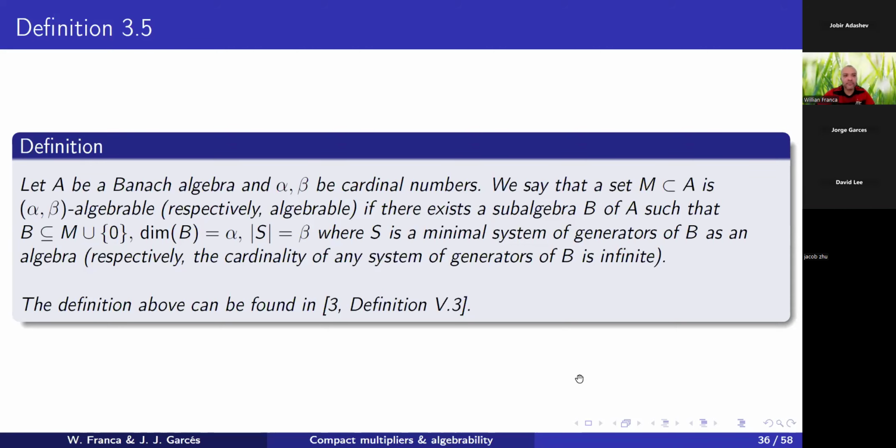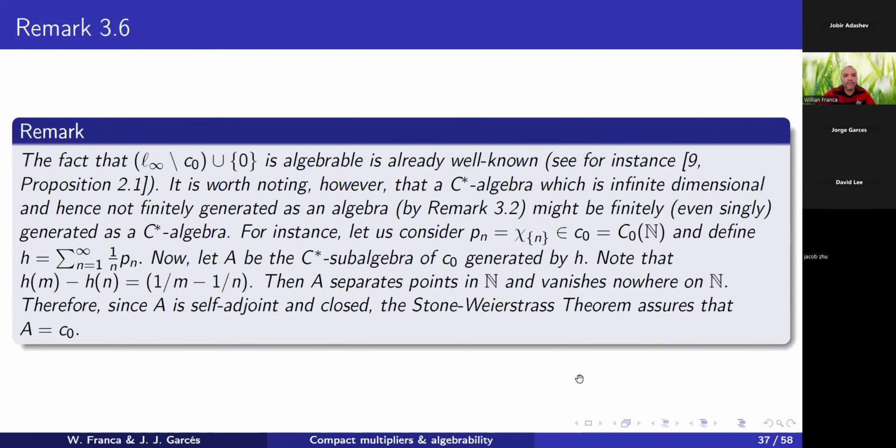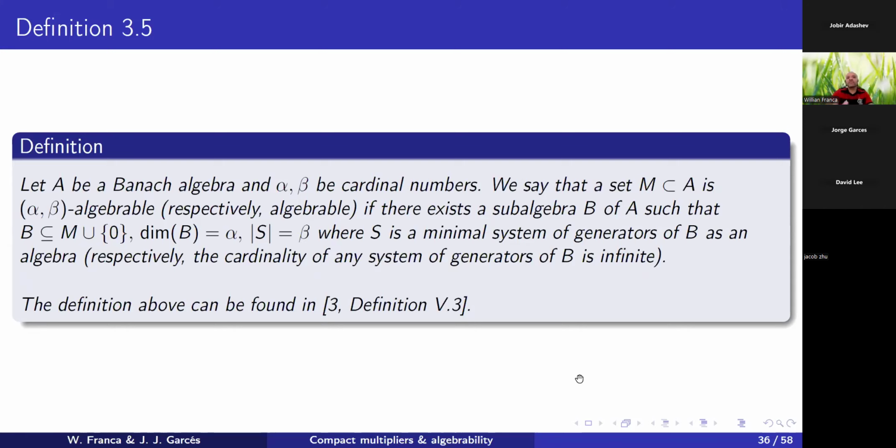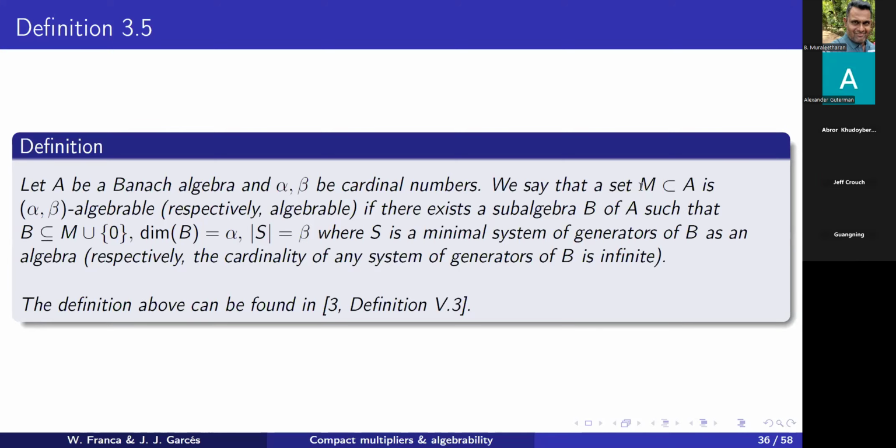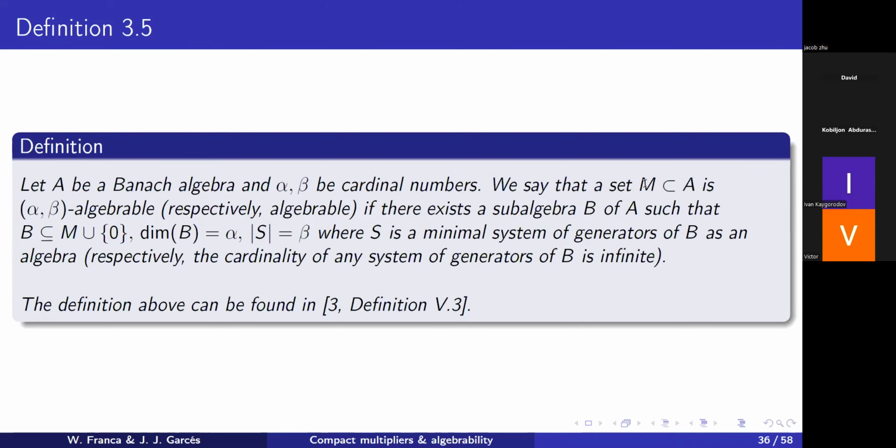This is the standard definition. If you look at this definition and compare it with our findings, we can notice that our results are directly related to this idea of algebrability, because in our case, our set M is L infinity without C0. So we have obtained some results in this direction.